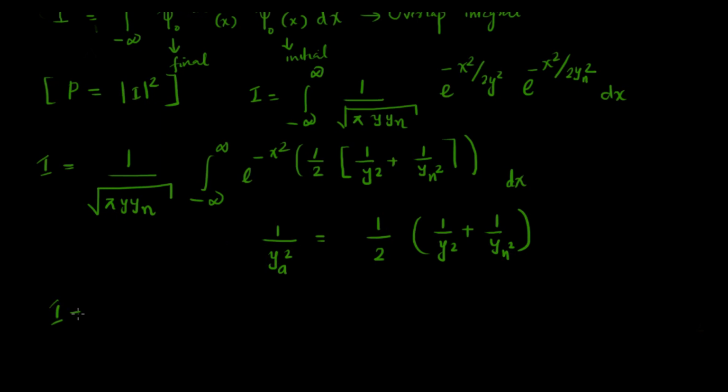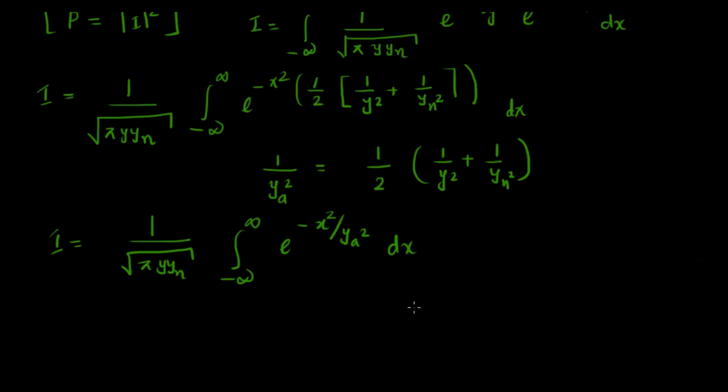It will reduce to this form: 1 over square root of pi y yn, integral from minus infinity to infinity of e to the power minus x squared by ya squared dx. And we know this very famous Gaussian integral, the integral of e to the power minus a x squared dx, is square root of pi by a.